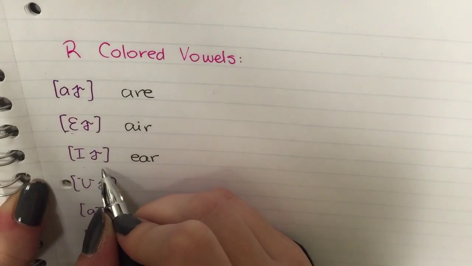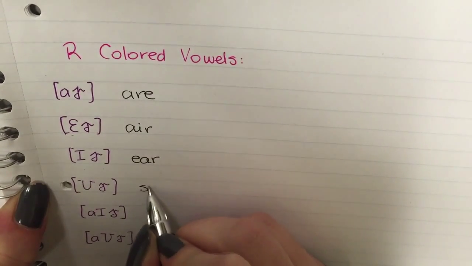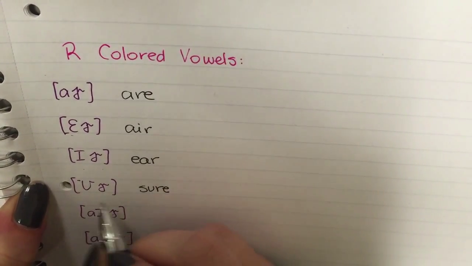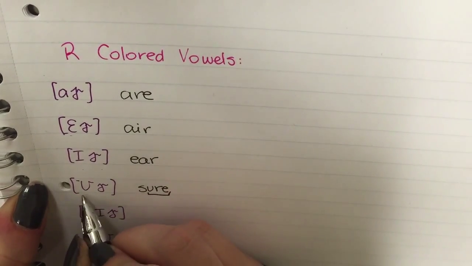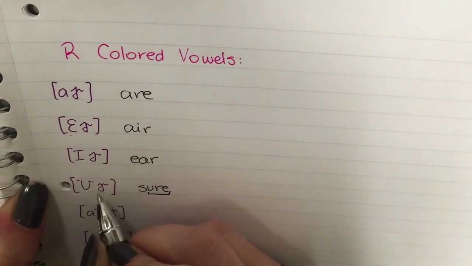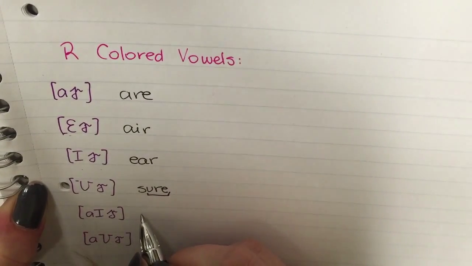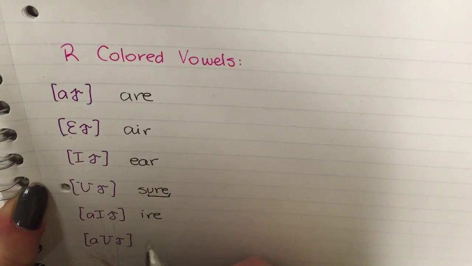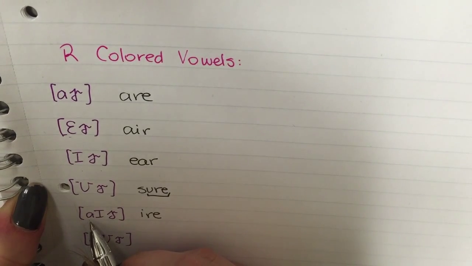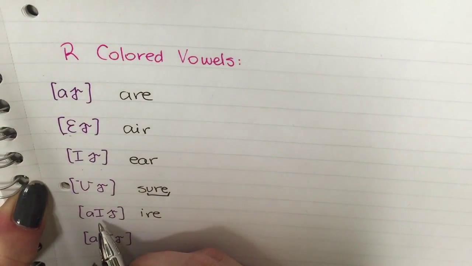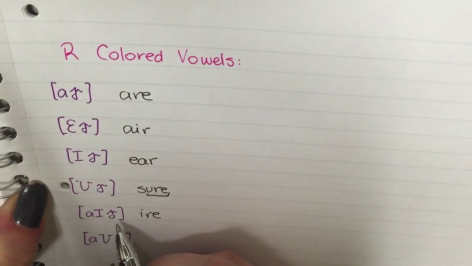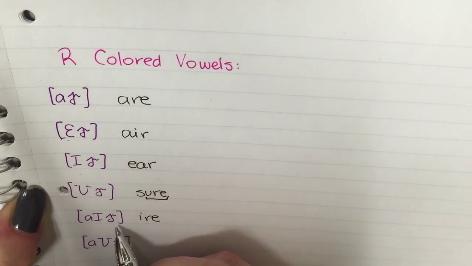There is also a sound for sure, which is open U from book and the unstressed butter. There is ire, which has three symbols, the A from father, the open I from it, and again the unstressed butter sound.